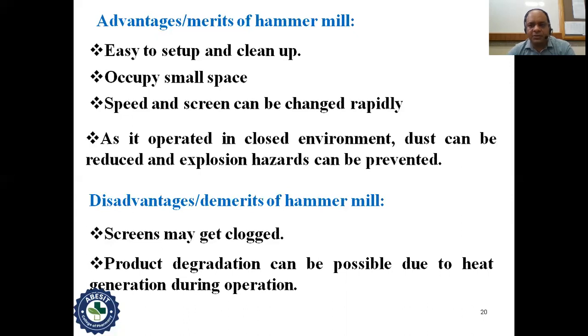Also, many products or materials have the tendency to degrade by heat in hammer mill. When the hammers are rotating, heat will be generated. Due to this heat, the product can degrade. So this is the major disadvantage of the hammer mill.